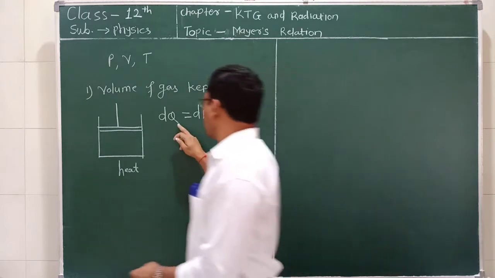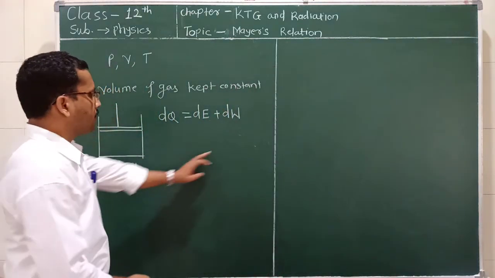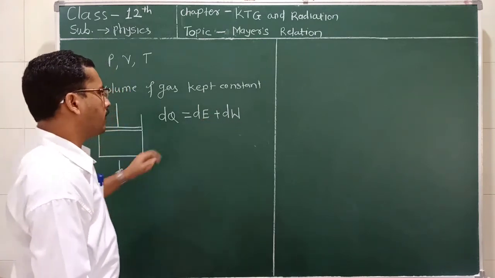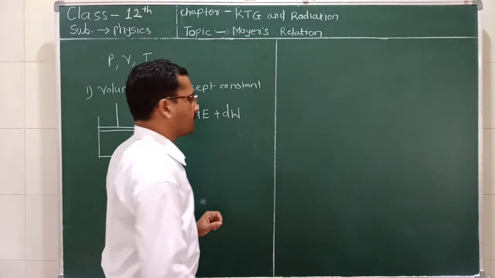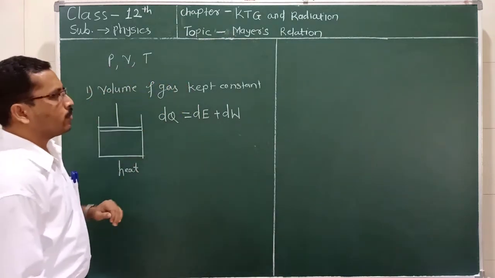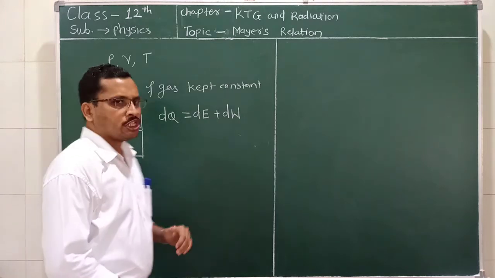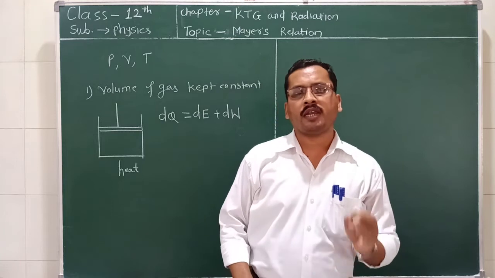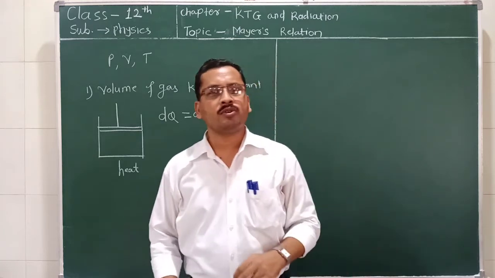So dQ is equal to dE plus dW. This is the internal energy and this is the work done. But in this case, the volume of the gas is kept constant, so there is no change in volume, and the work done in such a process is equal to 0.